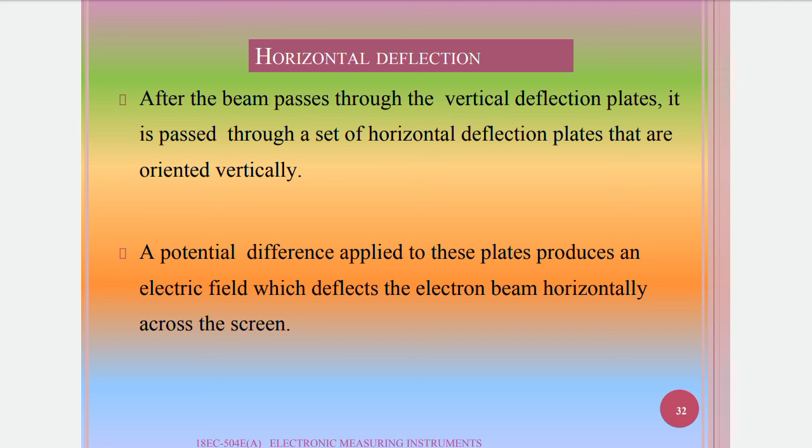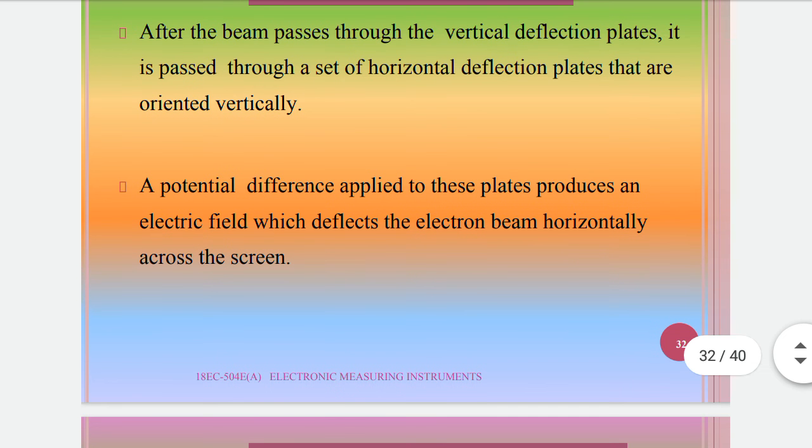These horizontal deflection plates are mounted vertically. A potential difference applied to these plates produces an electric field which deflects the electron beam horizontally across the screen.